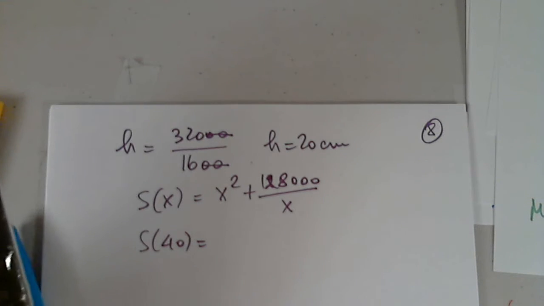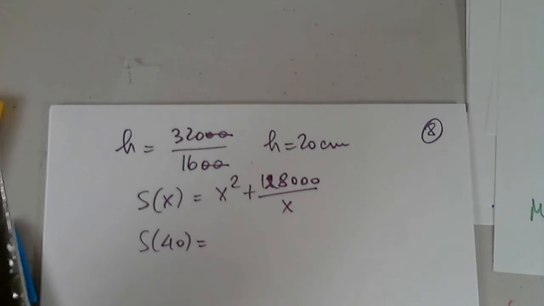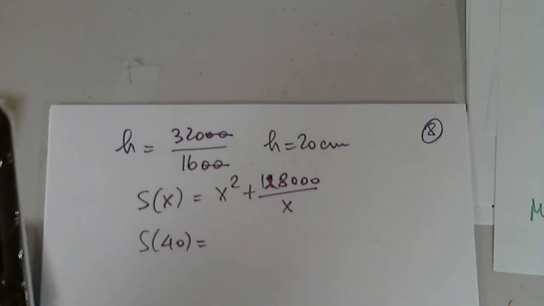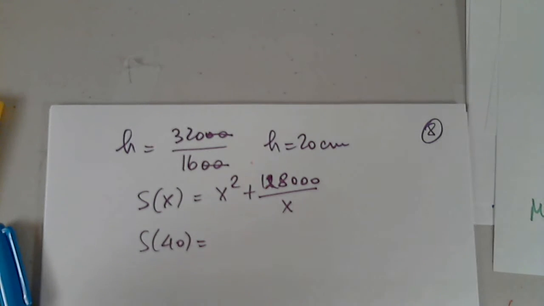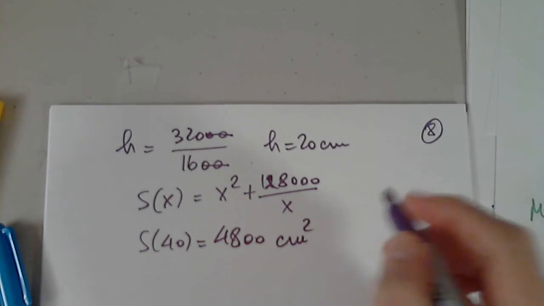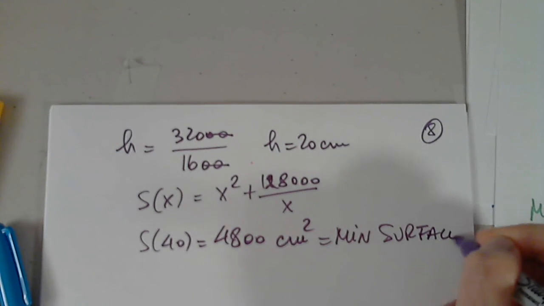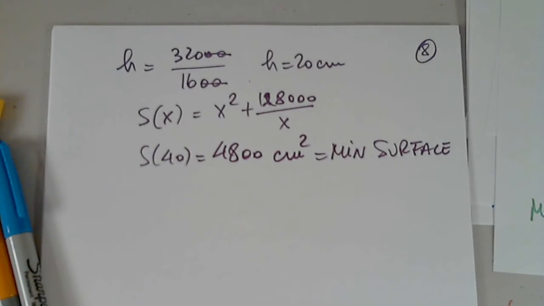I'm lazy. 40 squared plus 128,000 divided by 40 gives 4,800 square centimeters. That's the minimum surface. And this is your first optimization problem. Well done.